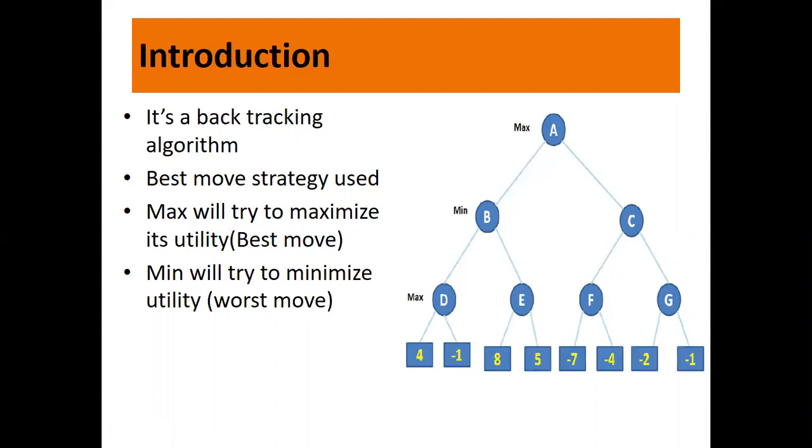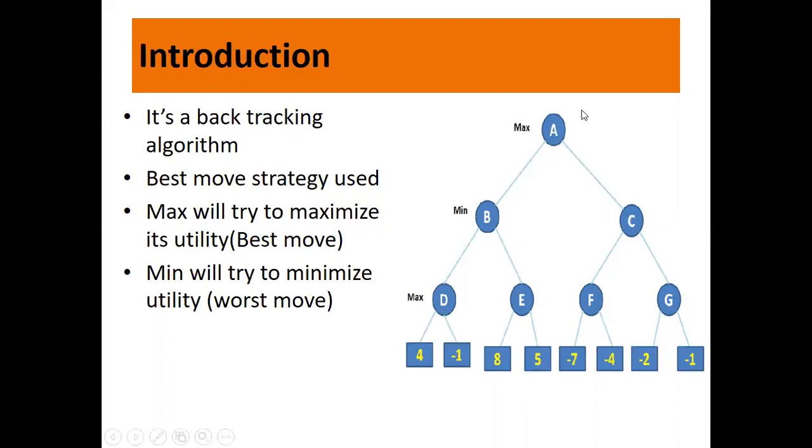Next, what you have is the best move strategy. Now let us say there are two players, as I already told you, Max and Min. So what will be the strategy here? Max's strategy will be what? It should win. It will make the best move so that Max wins. And similarly, Min also will try to use the best move, and he'll see to it that Max does not win.